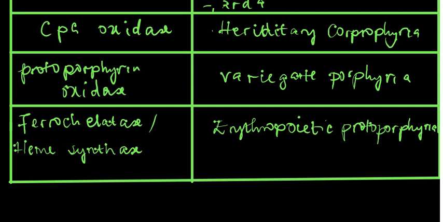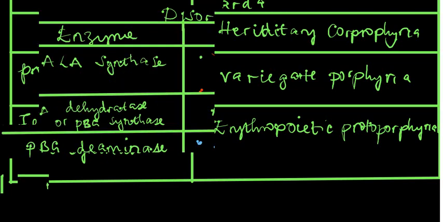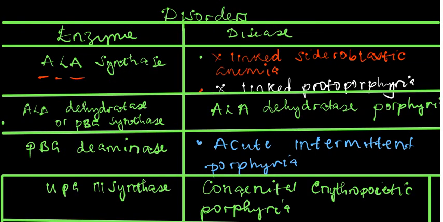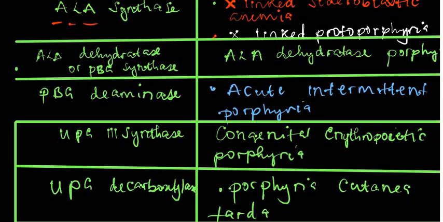All right, so the first one that we'll talk about has to do with the synthesis of aminolevulinic acid. We know that the enzyme involved is ALA synthase. Whenever this enzyme is defective, the disease caused is called X-linked sideroblastic anemia, and the other one is X-linked protoporphyria. The second one is ALA dehydratase, or PBG synthase.